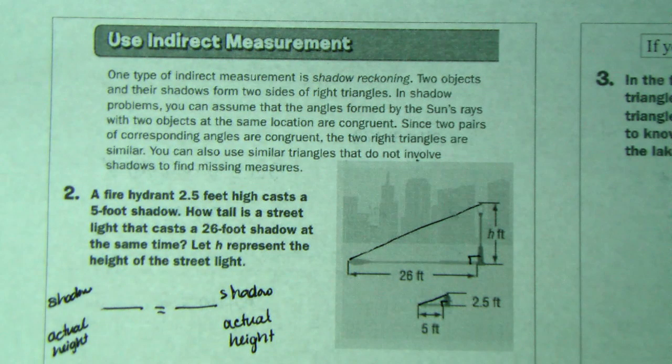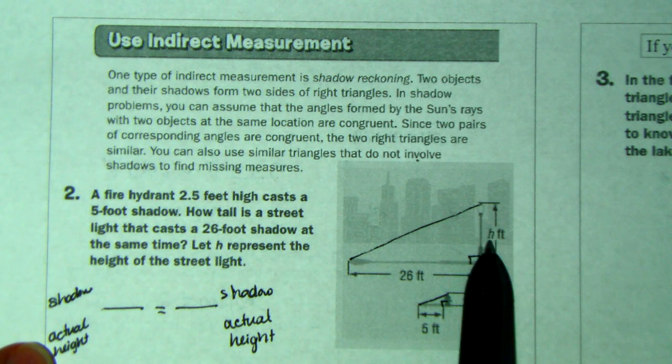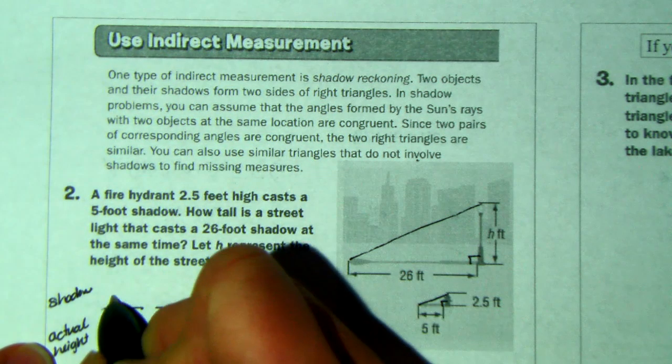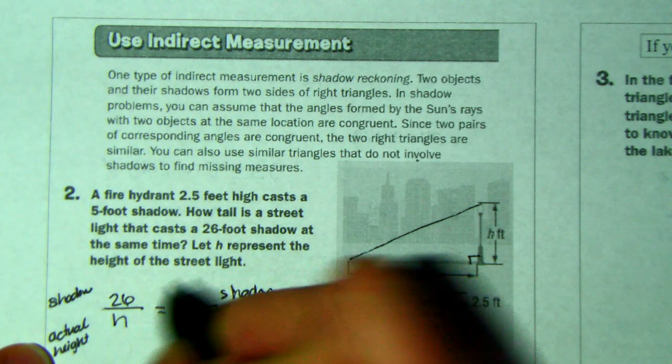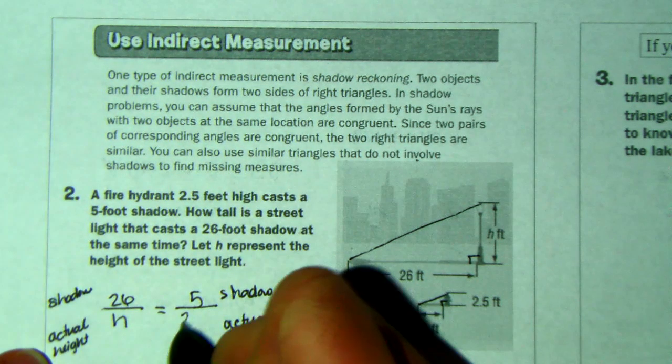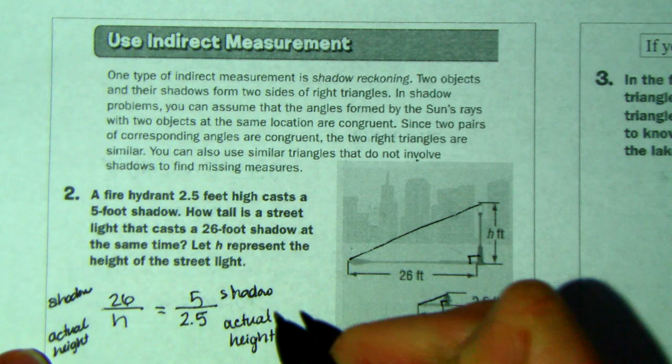So if I start with my light pole, the light pole shadow is 26. The height is H. Then the fire hydrant, the shadow is 5. The height is 2.5. Now, because the ratios are the same, because the sun is hitting it at the same angle, I have a proportion.